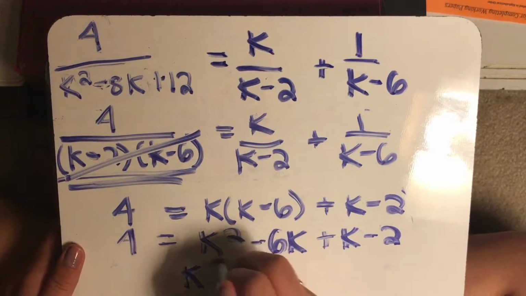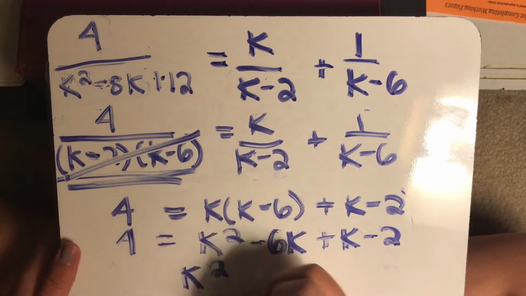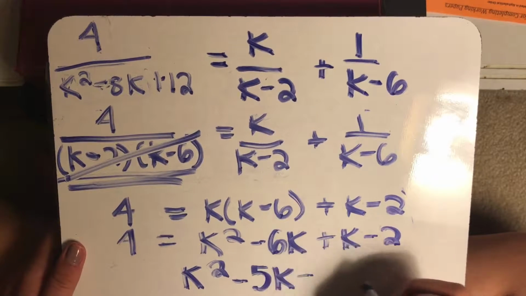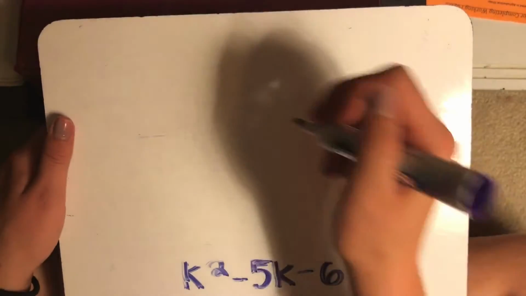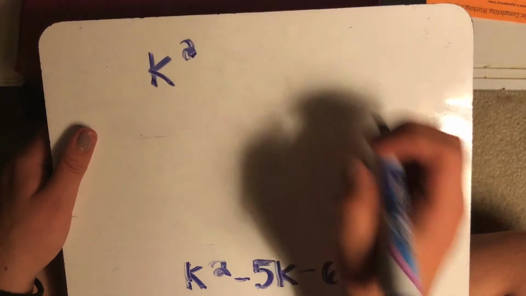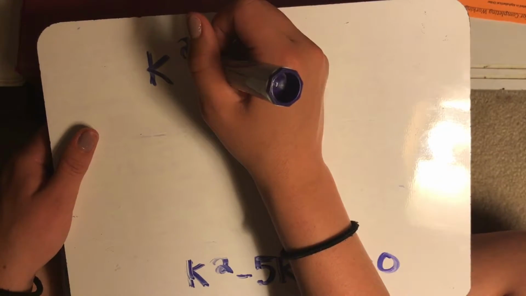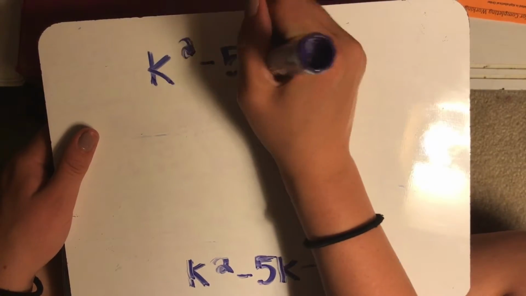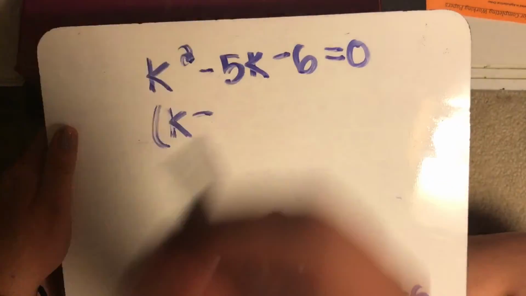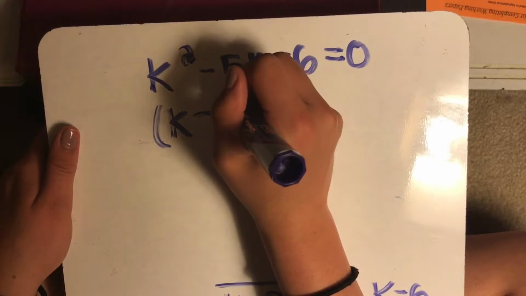Once you get to this step, you're going to want to set your equation equal to 0 so you can properly factor it. And once you arrive at this step, you just want to factor out your equation normally.